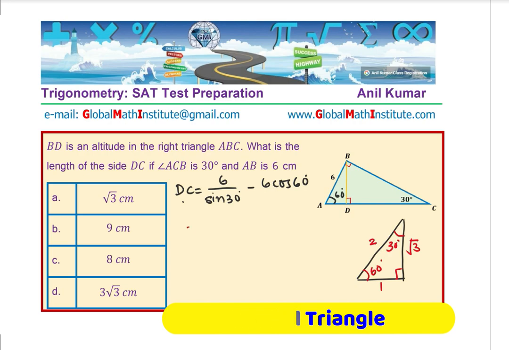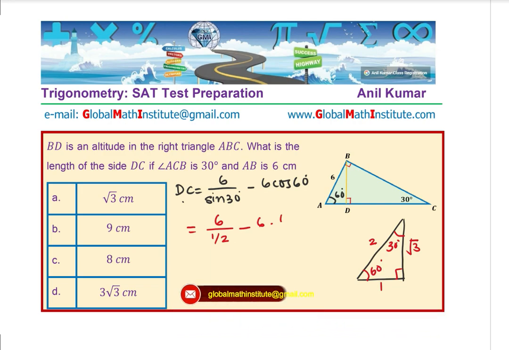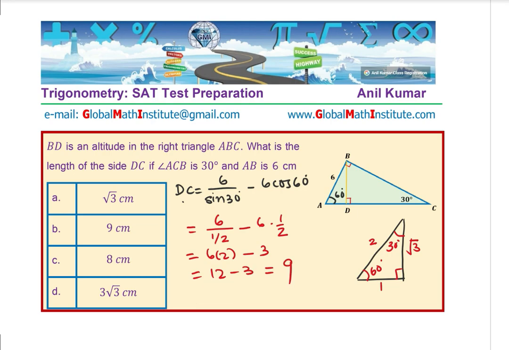So 6 divided by sine of 30, which is half, minus 6 times cos of 60, which is half. That gives you 6 times 2 minus 3, or 12 minus 3, which is equal to 9.